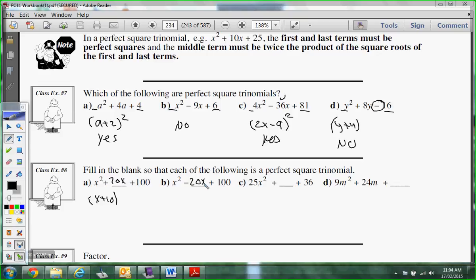Close. What's that? Well, what's square root of 25? 5. Square root of 36? What's 5 times 6 times 2? 60. So I think you're missing one of them. Okay, so square root of 25 was 5, square root of 36 was 6. We times those for 30, times that by 2.